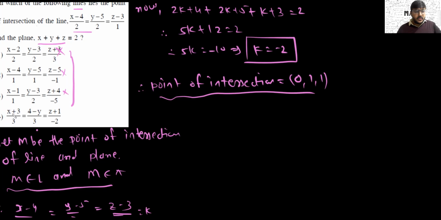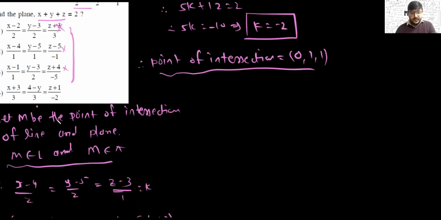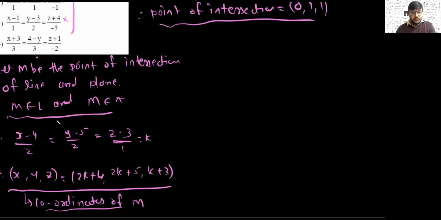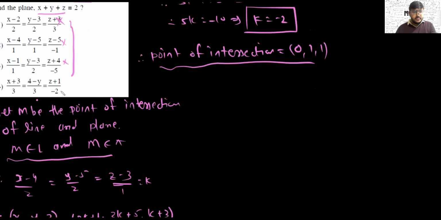So x plus 3, that is 0 plus 3 by 3, that is 1. 4 minus 1, right? 4 minus 1, that is 3 by 3, 1. And 1 plus 1, 2 by... just a minute.